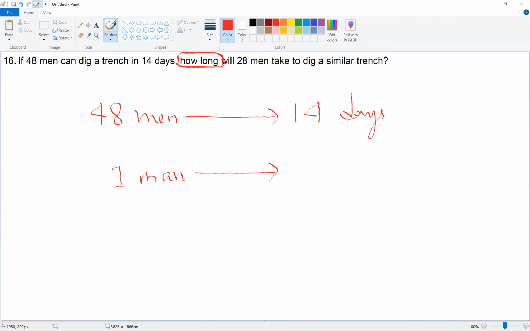Right. And then finally, because we did multiplication before, now we have to do division, because instead of 1 man, now there are 28. So it will be 24. Do you understand? Yes.